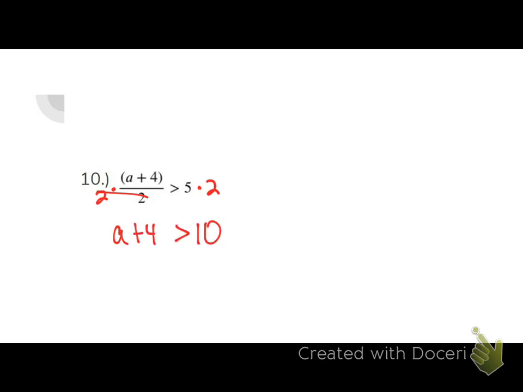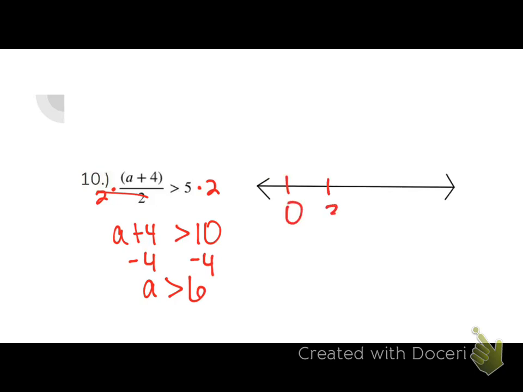Now subtract 4. Good, A is greater than 6. Okay, we go to graph it. Open or closed at 6? Open at 6, shaded to the right side, because greater than shades to the right.